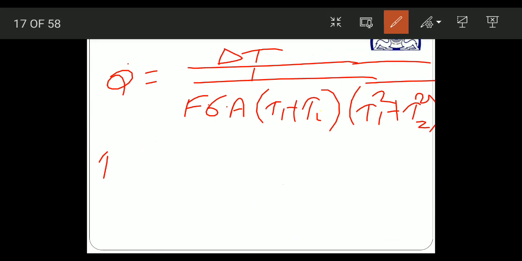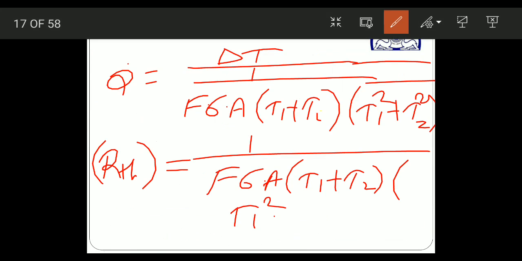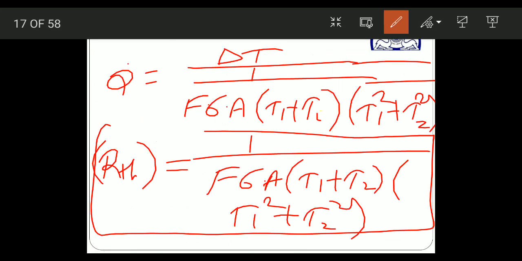If you compare this, you will get the thermal resistance for radiation as 1 upon F into sigma into A into (T1 plus T2) into (T1 square plus T2 square). So this is the value of thermal resistance for radiation.